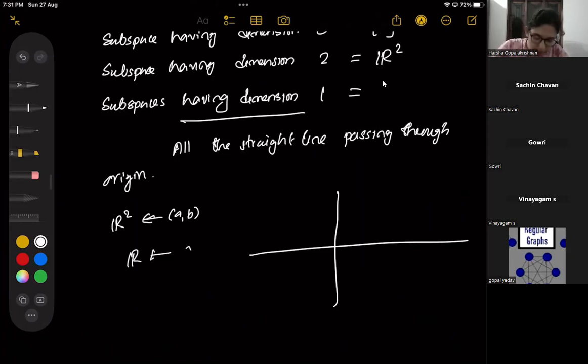But if you identify R as the set of all (a, 0), like (1, 0), (2, 0), the real line in R2, then only in that sense can we say R is a subspace. In general, R is not a subset of R2.